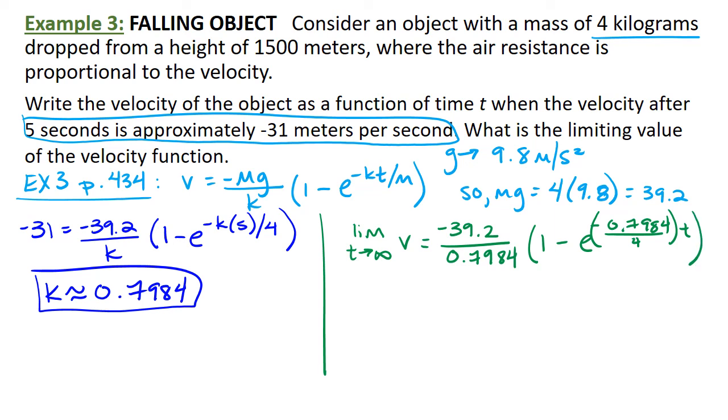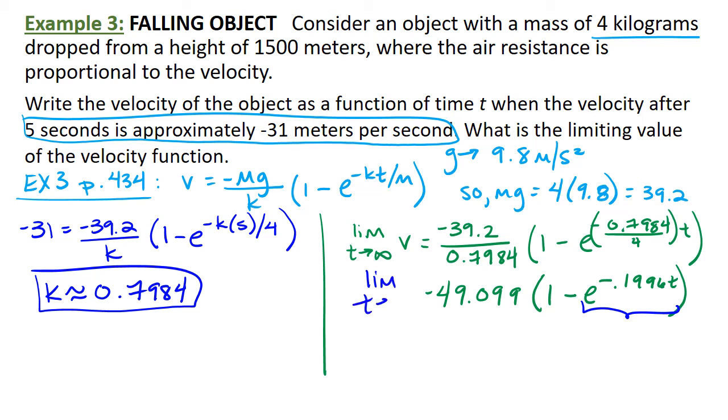All right, so a little bit of simplifying ends up giving us this. Okay, and so let's analyze this for a second. Just looking right here, and we want to know, again, the limit as t approaches infinity.